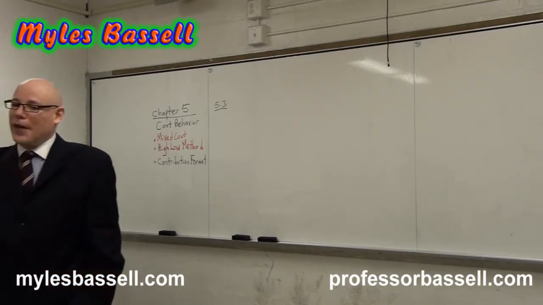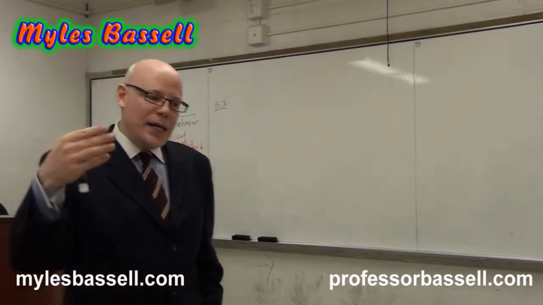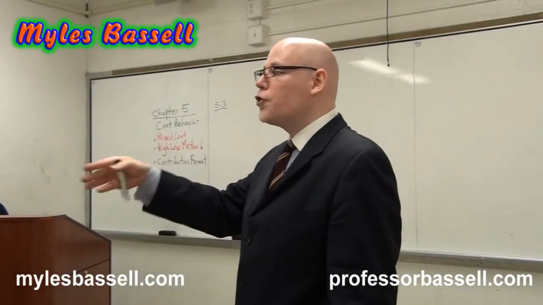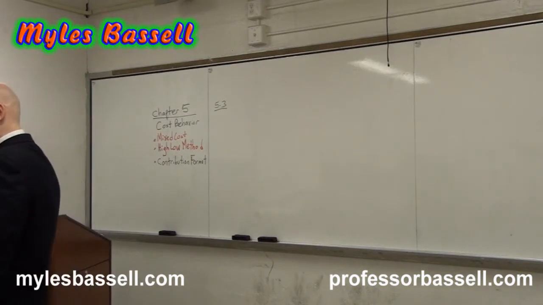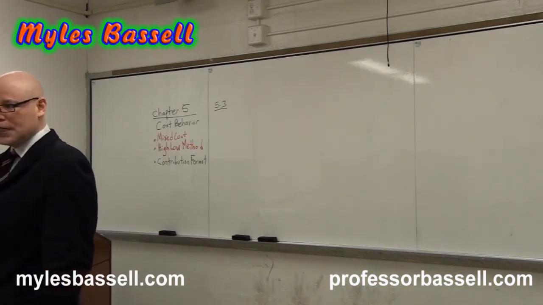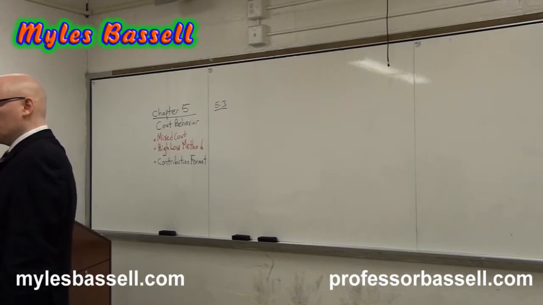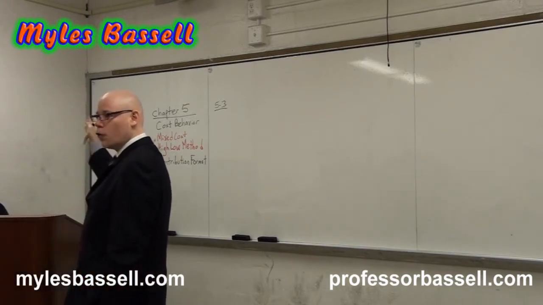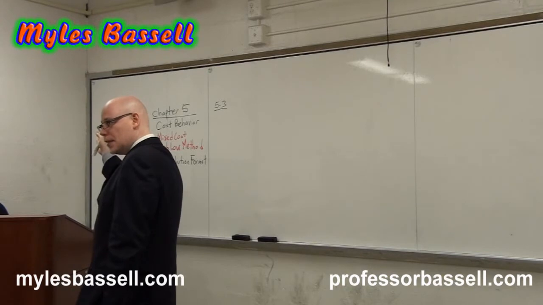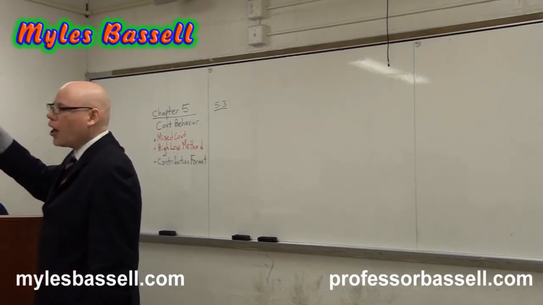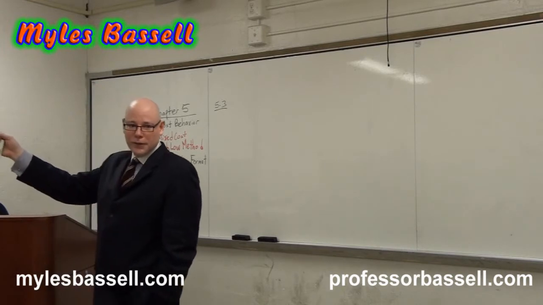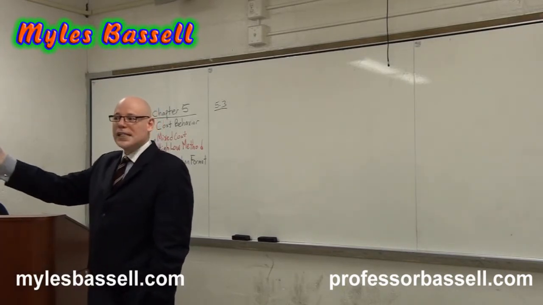We're talking about cost behavior. How is the cost going to respond to changes in the level of activity? Isn't that what we just looked at with the coffee example? That's cost behavior. We saw as the number of cups of coffee being sold increased, our total variable cost increased, and our average cost per cup of coffee decreased.